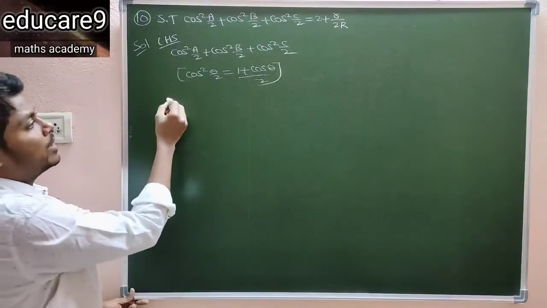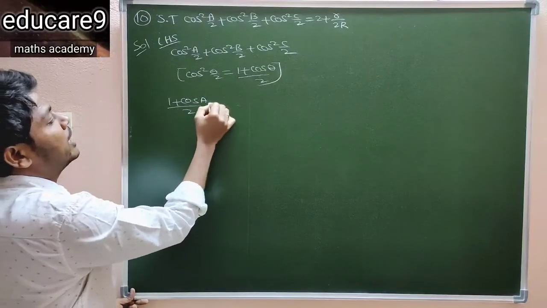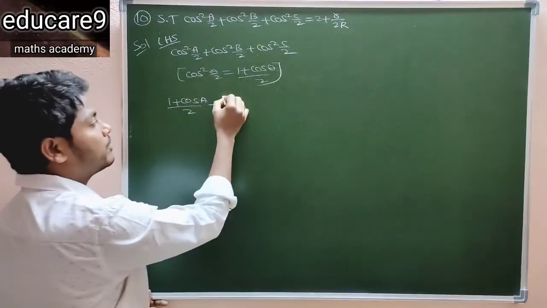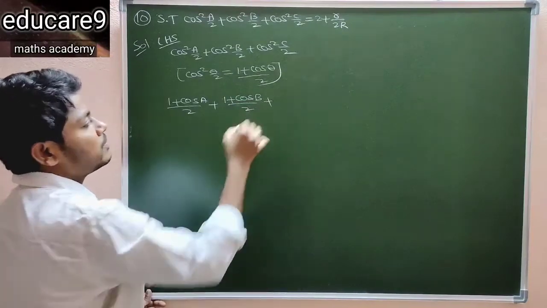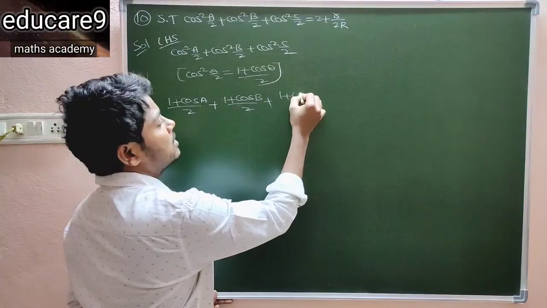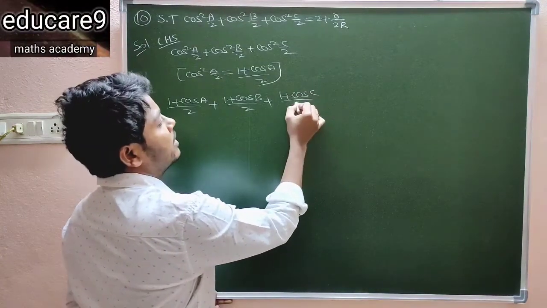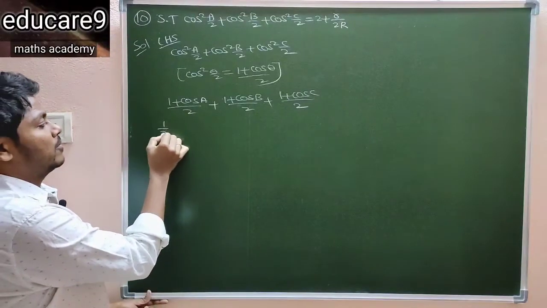What is cos square A by 2? 1 plus cos A divided by 2, and cos square B by 2, 1 plus cos B by 2, and cos square C by 2, 1 plus cos C by 2. In all terms 1 by 2 is common.